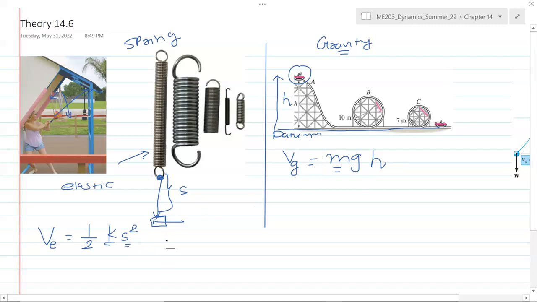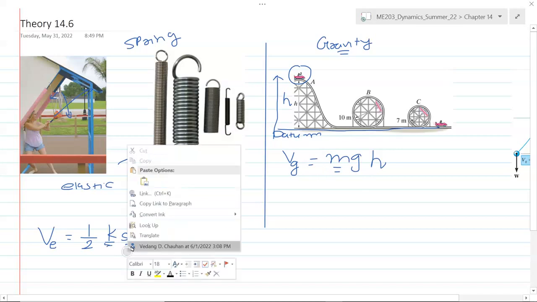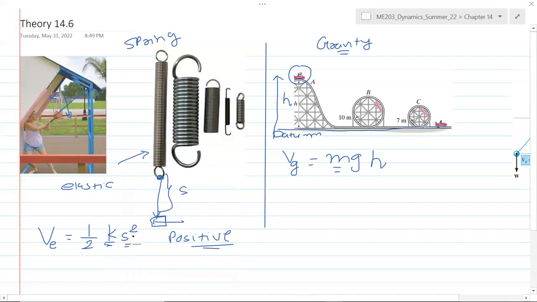Spring potential energy is always positive because the spring constant is positive, and the deformation is squared, so that's positive. However, gravitational potential energy can be positive or negative depending on where the datum is.